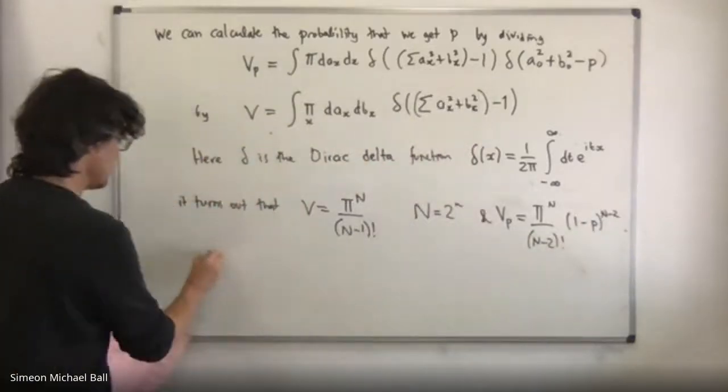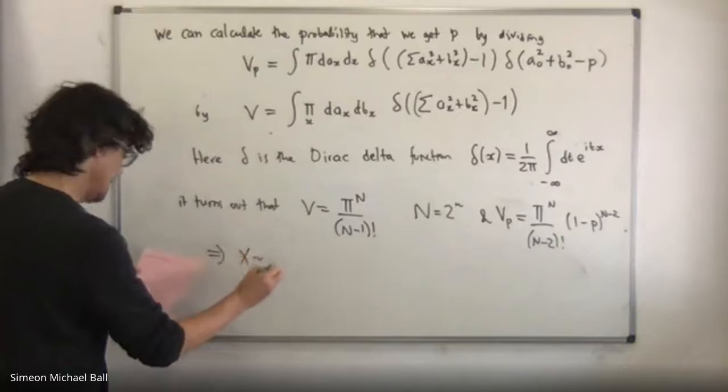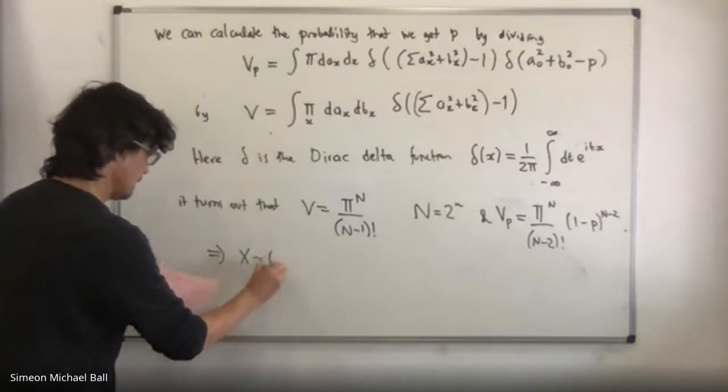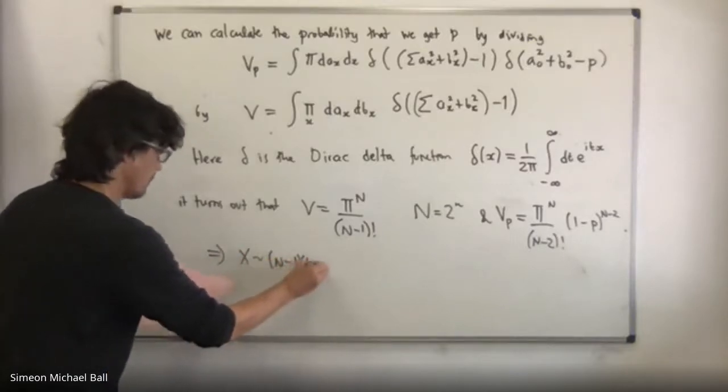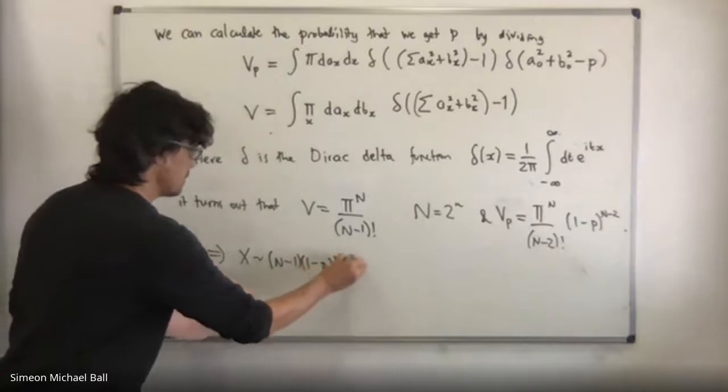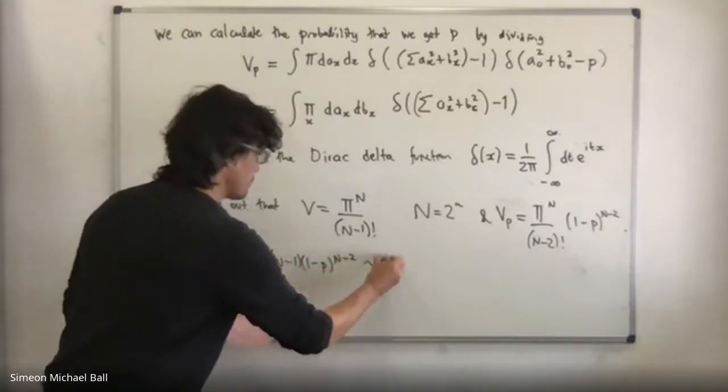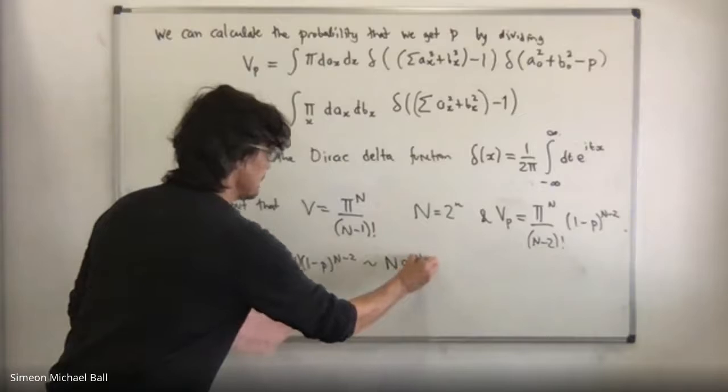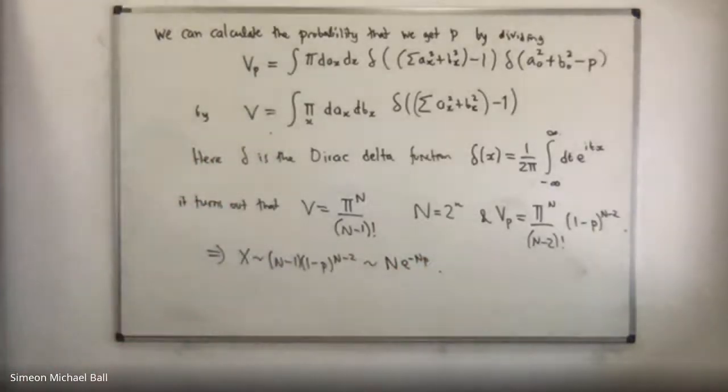So this implies that x has a density function which is (N minus 1)(1 minus p) to the N minus 2, which for N large, asymptotically, is this, which is extraordinary.